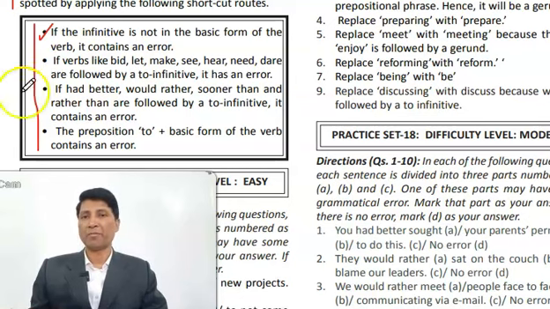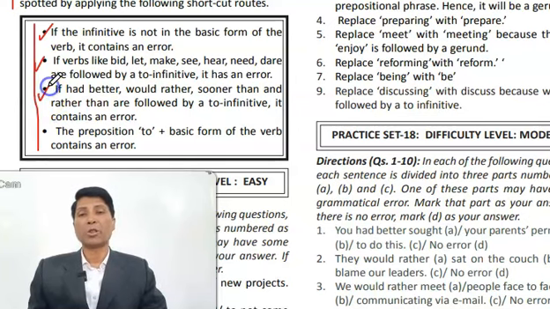Therefore, they were wrong. Now, point number 2. If verbs like did, let, make, see, hear, bid, dare are followed by a "to" infinitive, it is an error. Why? Because these verbs are followed by bare infinitive. Therefore, use of "to" will result in grammatical error.